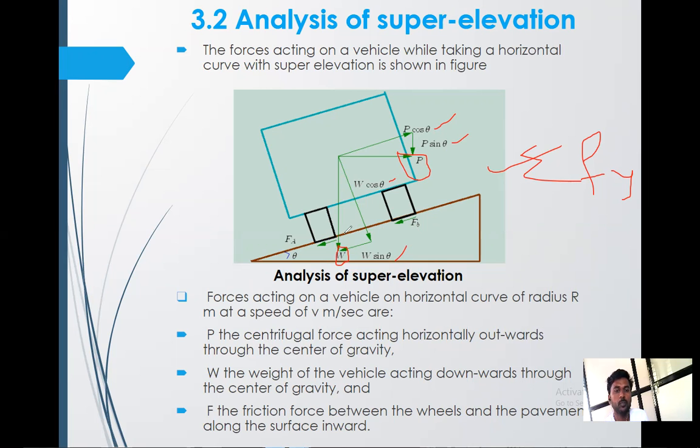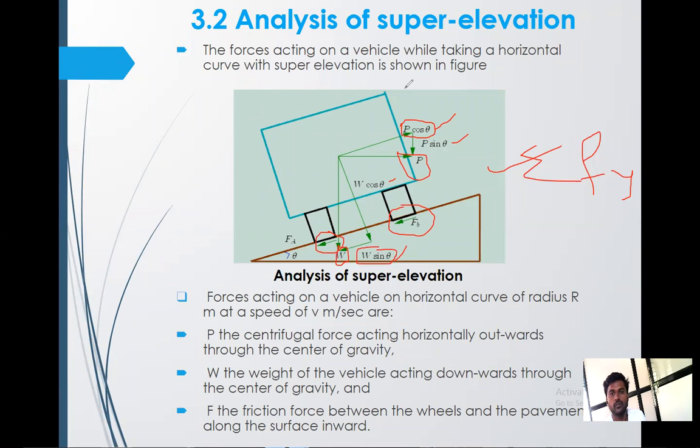The force acting in the y direction is P cos theta. Another force acting in the y direction is W sin theta. Then the frictional force at tire A and the frictional force at tire B. So these four forces are acting in the y direction.